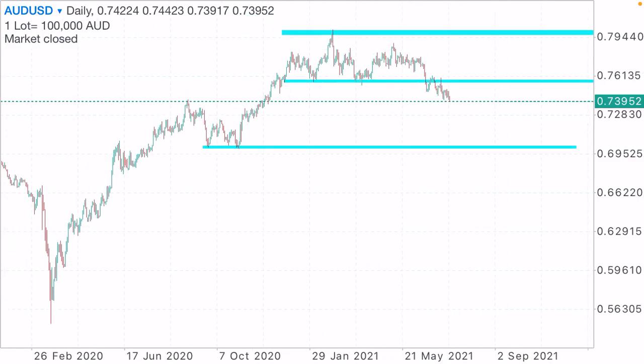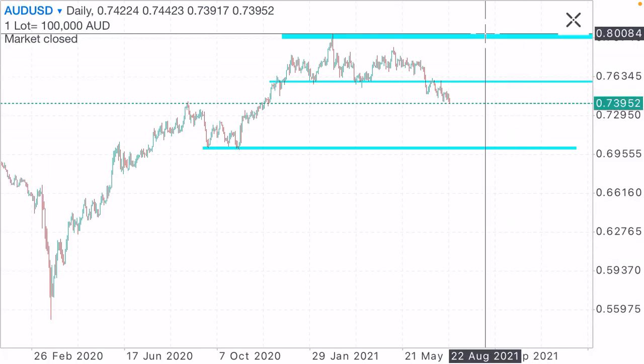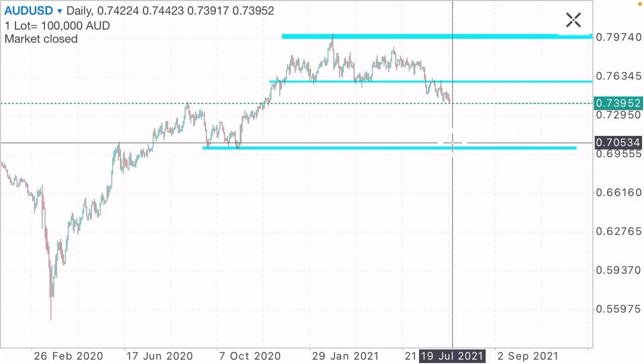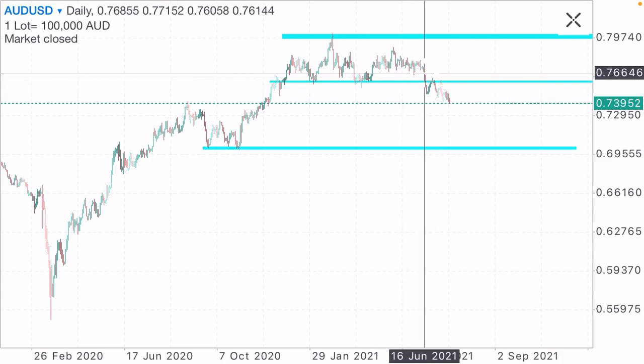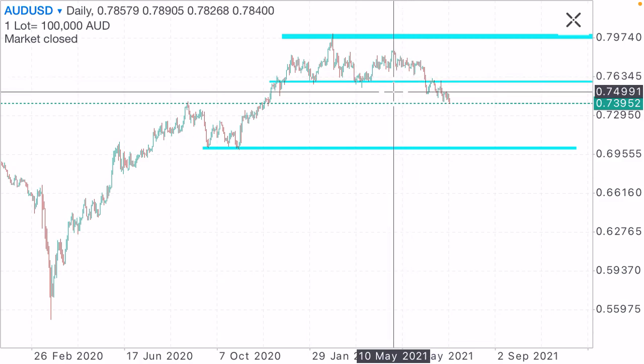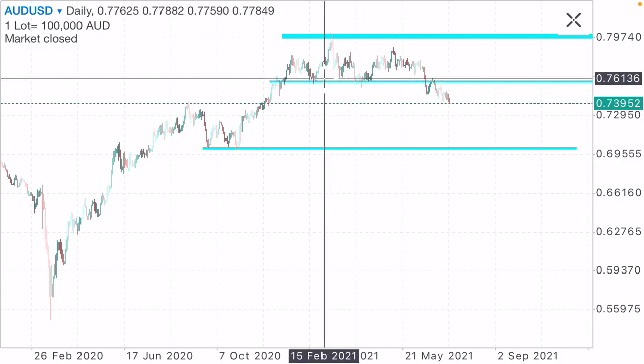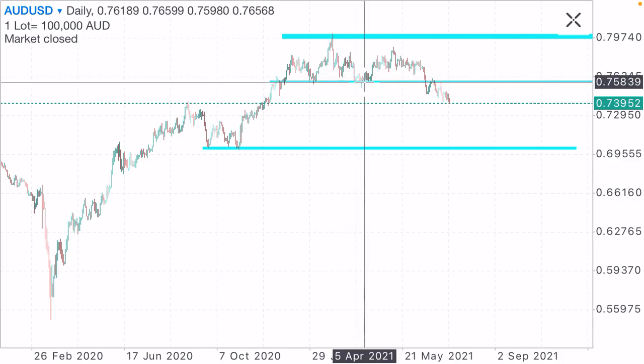Right, the second thing is, after plotting the major supply and demand zones, this is my major supply zone, my major demand zone, and this is my middle zone. It can play as either supply or demand depending on whether the price is broken or not. As you can see here, it played as a supply zone.